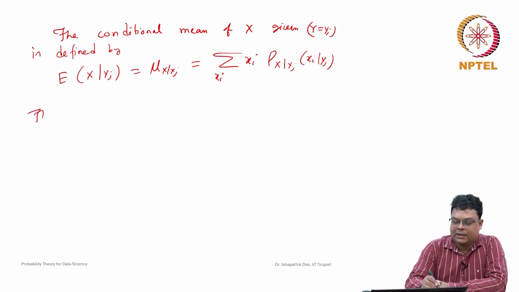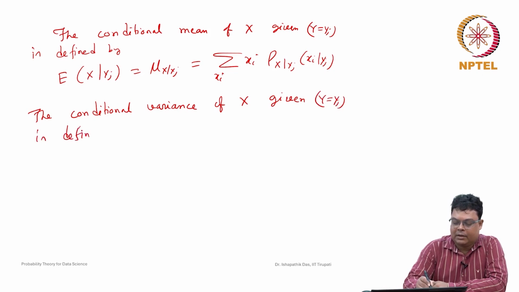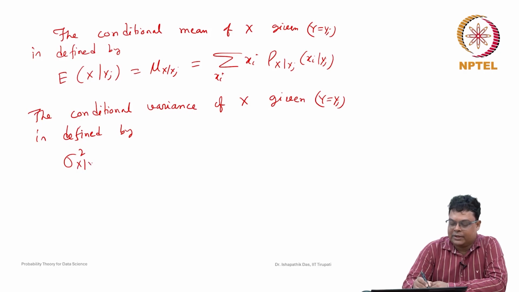So now the conditional variance of x given that y is equal to yj is defined by, so this variance we can write sigma square of x given yj.